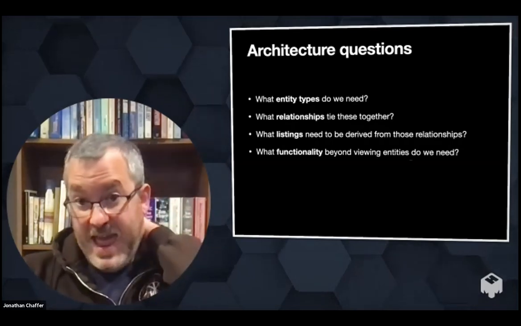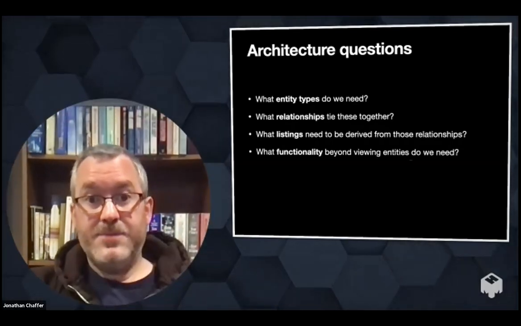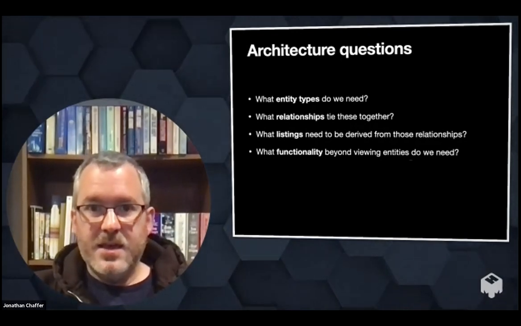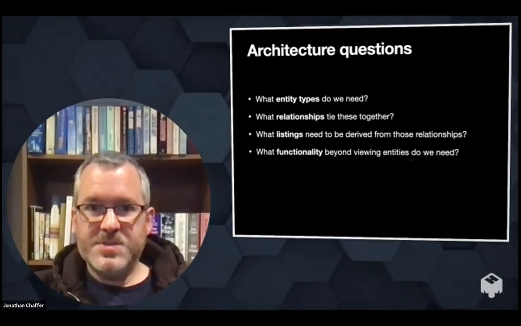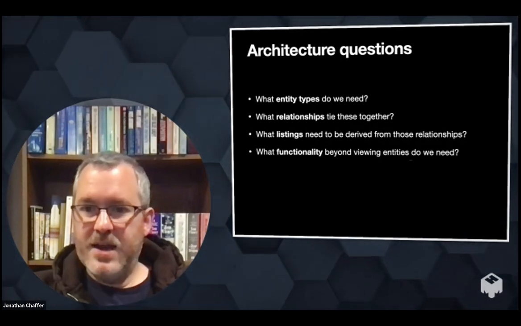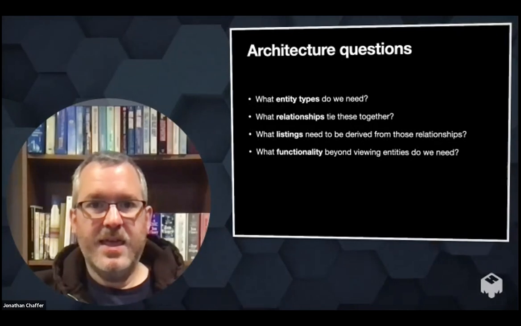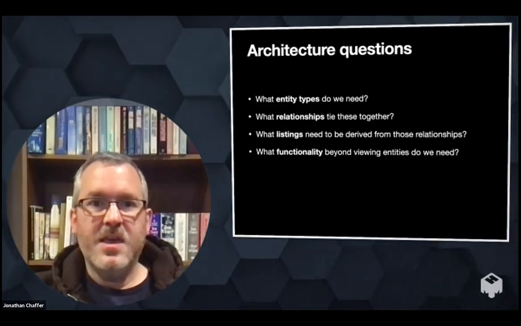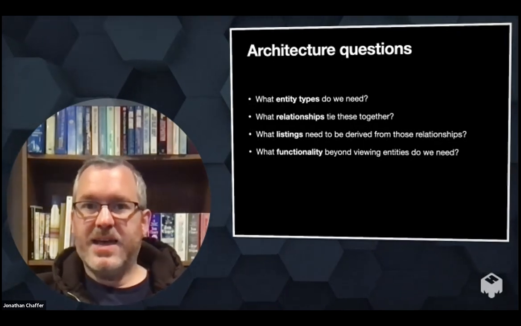So the questions we're going to ask are, which entity types do we need? The entity types are, again, the configuration entities that define things like content, users, that kind of stuff. What relationships tie those together?